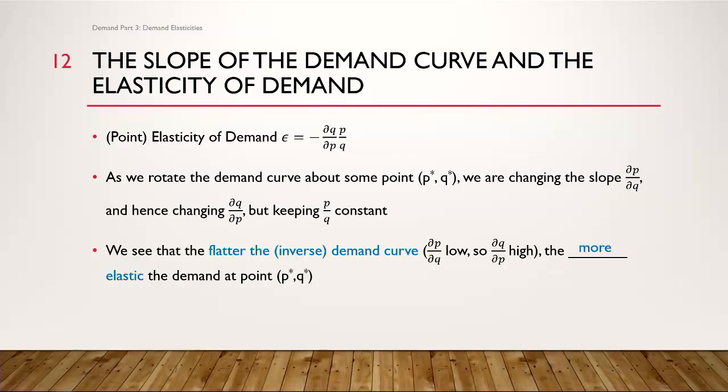That is, the more sensitive the consumer is to changes in the price. The same price change will lead to a larger change in quantity demanded for a flatter demand curve than for a steeper demand curve. Okay.